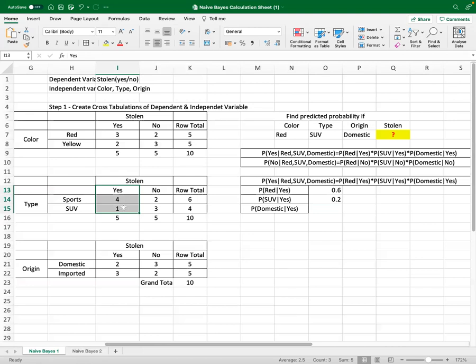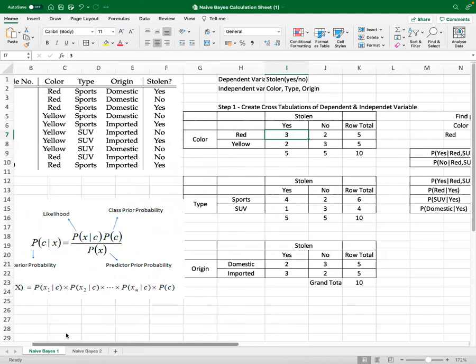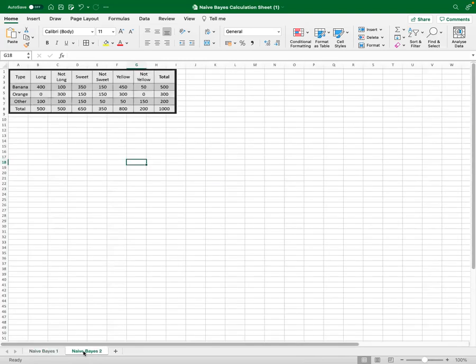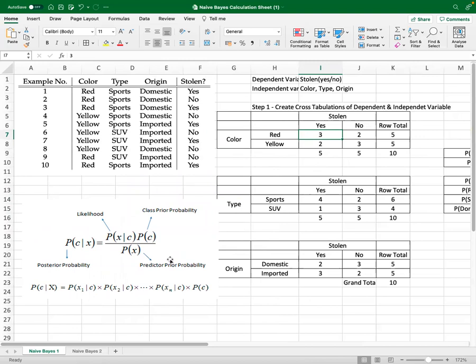Yeah, I think I am getting confused here. What is the conditional probability formula? Conditional probability formula is probability of A intersection B divided by P of B. So red and stolen are 3.